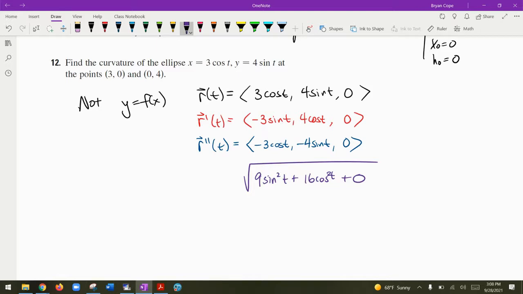So could I write this as 9 plus 7 cosine squared t? Did I do that right? Yeah, 9 pairs with 7 left over.